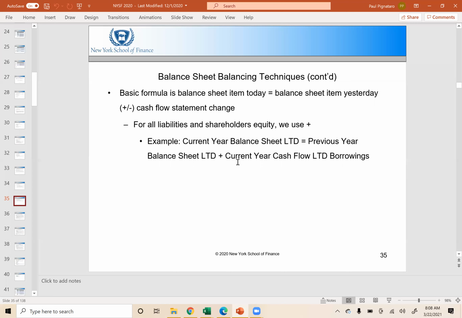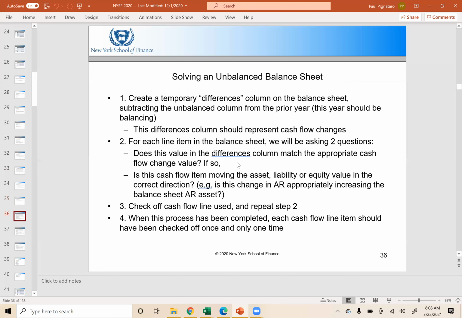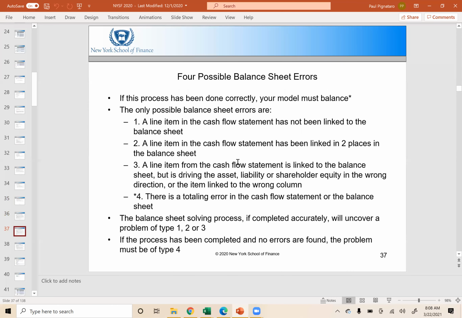I'll talk about that in a second. But the second step is to ensure that you have utilized each and every cash flow statement line item once and only one time. Why? Because there are 4 possible balance sheet balancing errors.